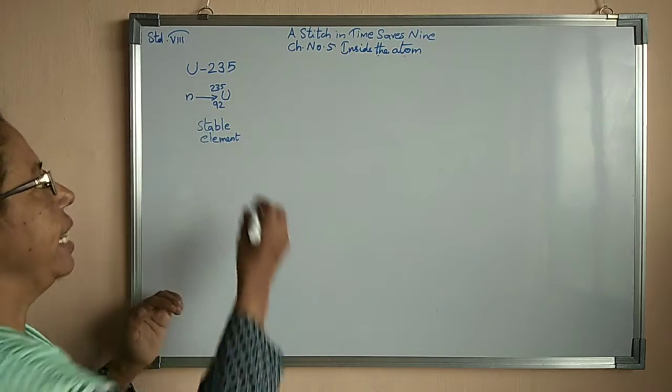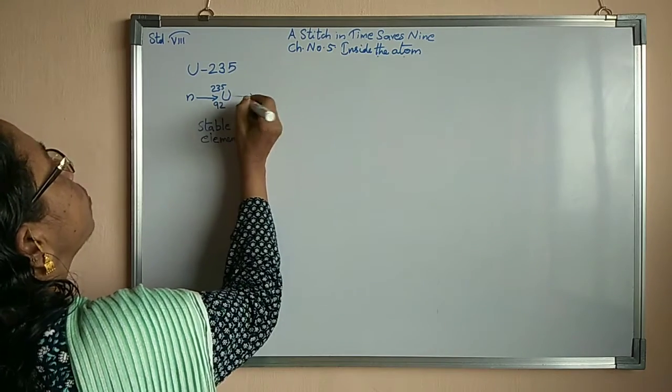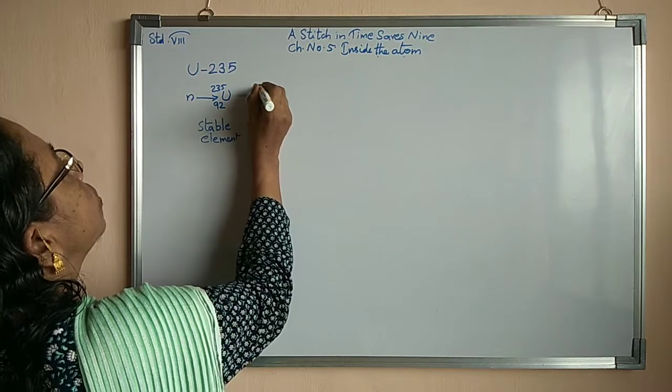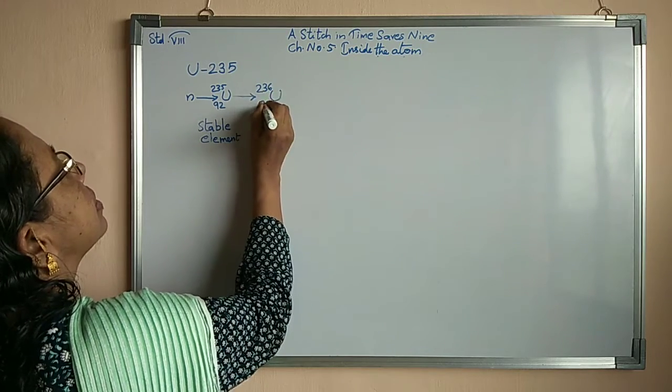For making it unstable, they are allowing a neutron to hit the uranium-235 atom. As a result, this uranium-235 transforms to uranium-236.